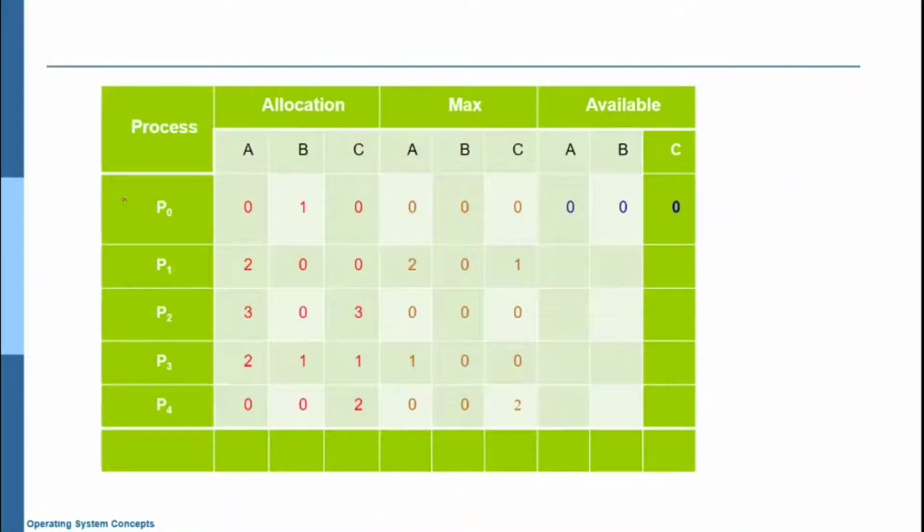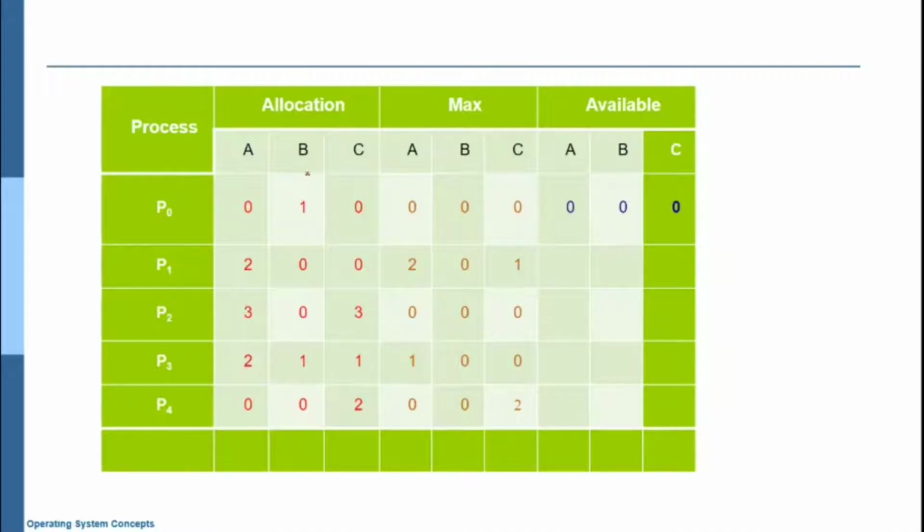So this is one of the examples they have given, with 5 processes, that is P0, P1, P2, P3, P4, and the allocation of the resources. The total number of instances of A is 3 plus 2, that is 5, 5 plus 2 is 7.